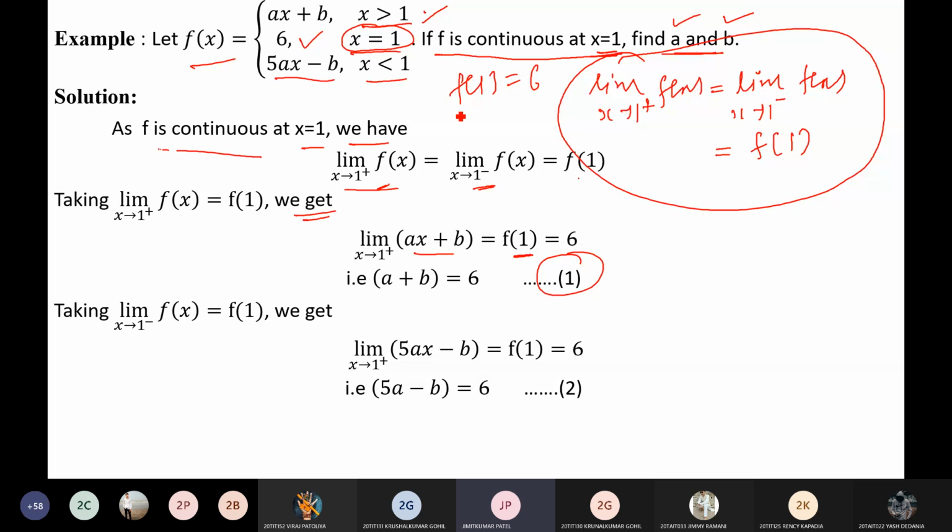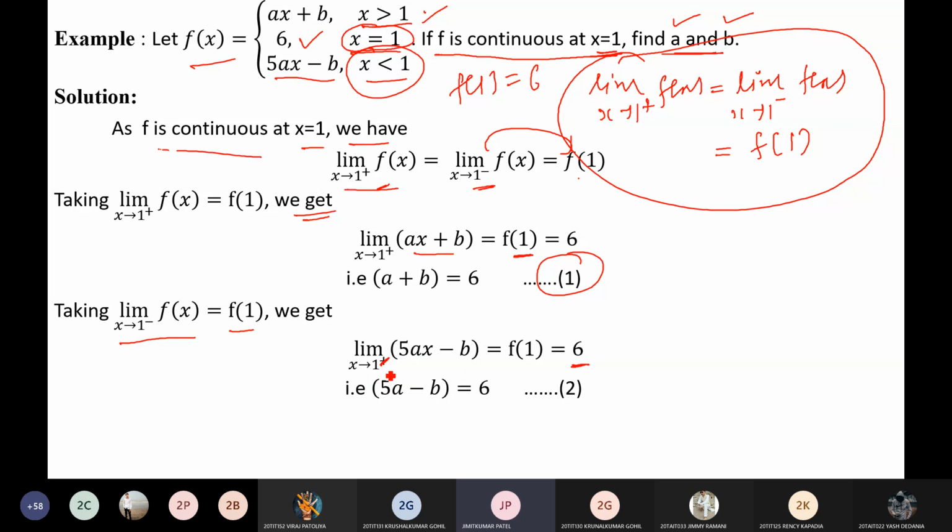Now, from the second and third term, we have limit x tends to 1 minus f of x is equal to f of 1. We get limit x tends to 1 minus 5ax minus b is equal to f of 1 is equal to 6. Why here 5ax minus b? Because for 1 minus it is x less than 1, so we replace here 5ax minus b.